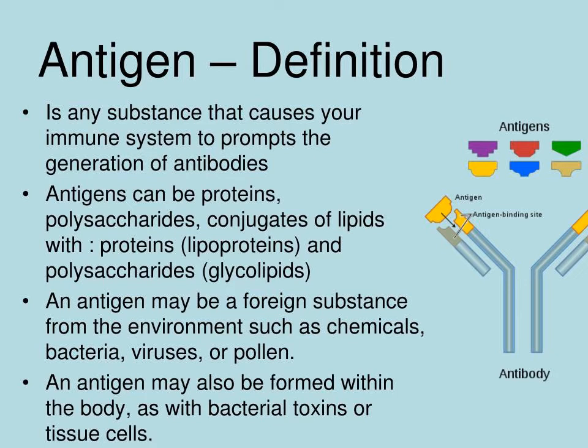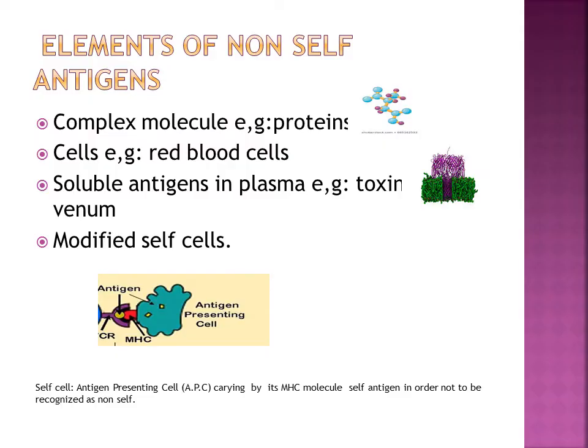An antigen may also be soluble molecules but fixed on the membrane of tissues. Elements of non-self. Non-self antigens can be complex molecules such as proteins, carbohydrates, or living organisms or cells such as red blood cells.